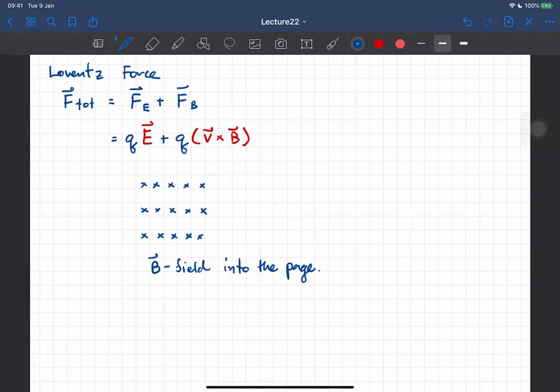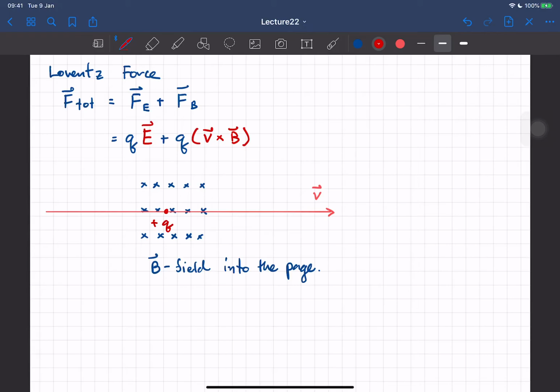And let's assume that we have a stream of particles, meaning a particle just going through this region with some velocity. Just one particle will be enough. We also need the charge, so let's say it's a positive charge, plus Q. Let's draw it in the center here.